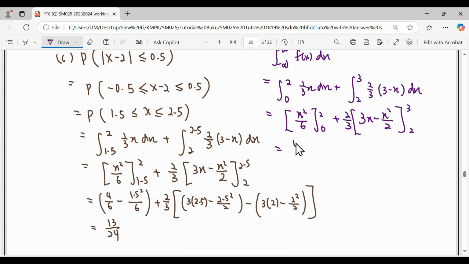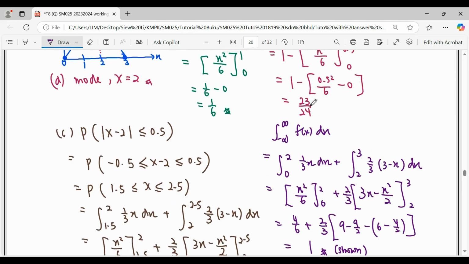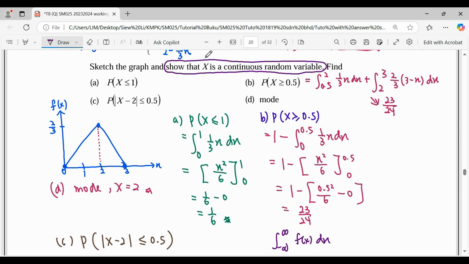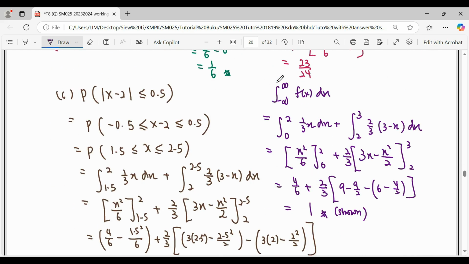So we have 4 over 6 here, and 2 over 3 times (9 minus 9 over 2 minus 6 plus 4 over 2). We can evaluate this using our calculator and we get 1. Once we get 1, we cannot simply write 'shown'. You have to prove it in a sentence, stating that x is a continuous random variable.